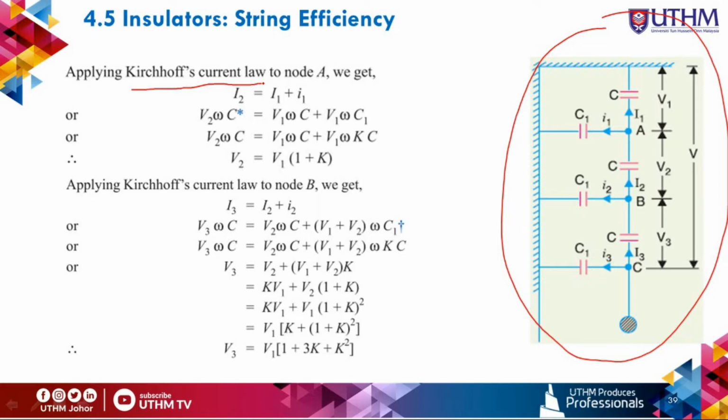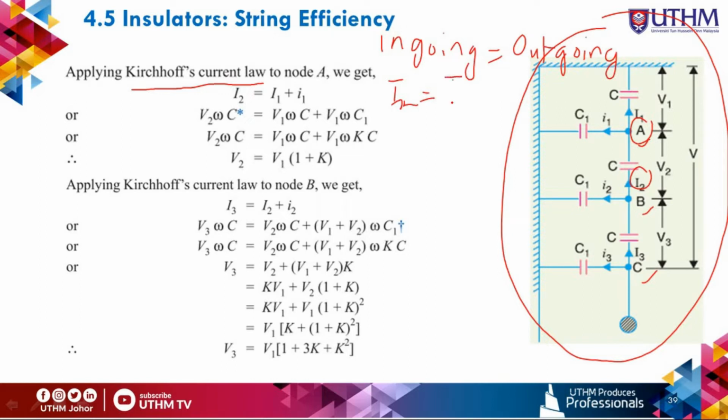We have 3 nodes here, A, B, and C. So we start first with node A. As we know from Kirchhoff's current law, the ingoing current is equivalent to the outgoing current.